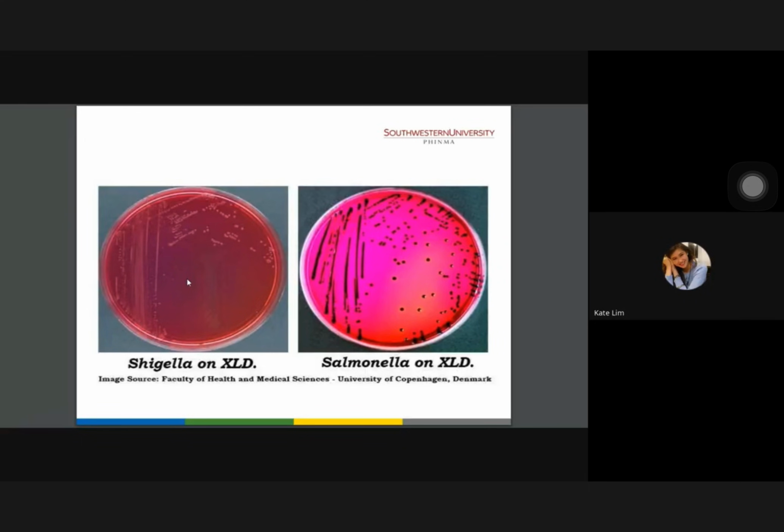I'm not saying that Shigella cannot ferment xylose. It's just that your Salmonella is a strong fermenter of xylose compared to your Shigella. So as you can see here, Shigella is yellow or colorless. But what is very important here is the production of hydrogen sulfide. With no hydrogen sulfide production, there's no black center.